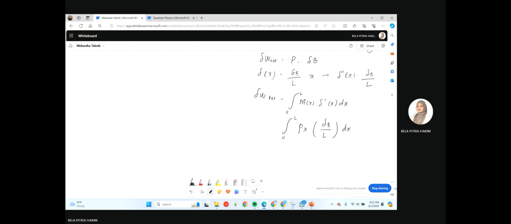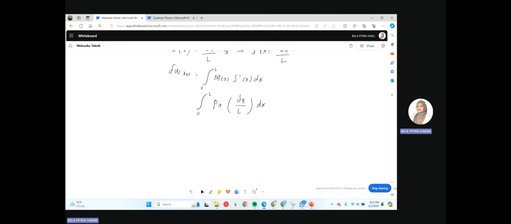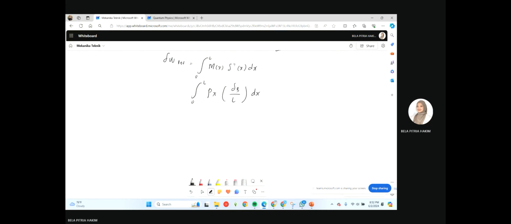So we have to evaluate this integral. How to evaluate this integral? Let's continue. For the internal work, delta B per L times P times the integral from 0 to L of x dx.